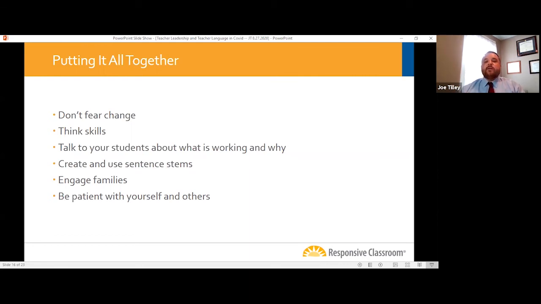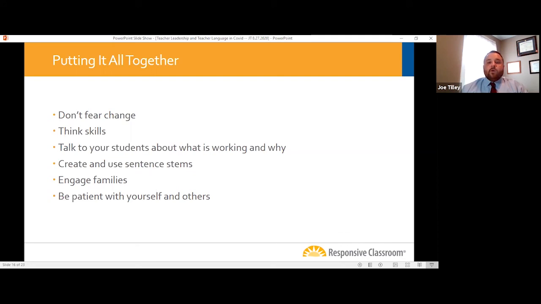Because what you're going to do is set the stage for everybody to be successful, no matter what their background is, no matter what knowledge they bring, no matter what skills they have or don't. And so when you're able to create that equitable environment, then it allows you to have those conversations where you reinforce those skills.